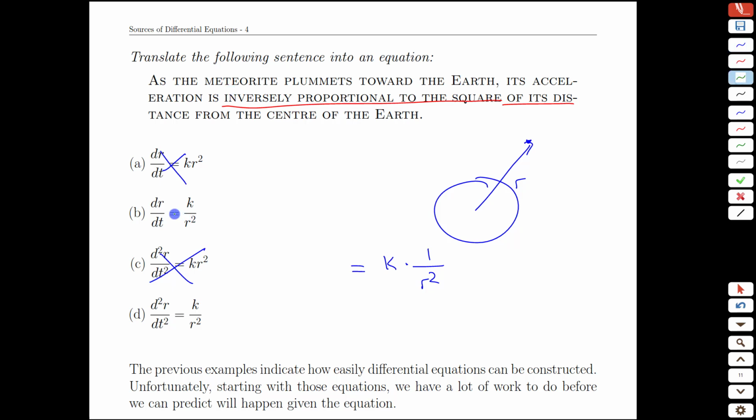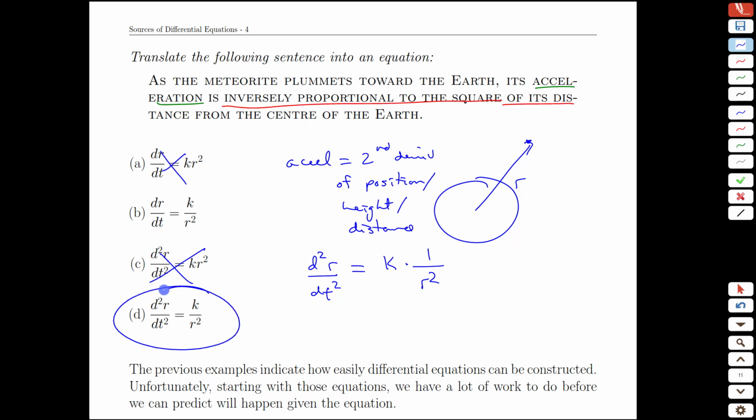The next step is, is it a first derivative or second derivative? Well, acceleration is equal to the second derivative of position, or in this case, of height, or of distance. And so this would be the second derivative of r with respect to t, and that puts us into answer D over here.